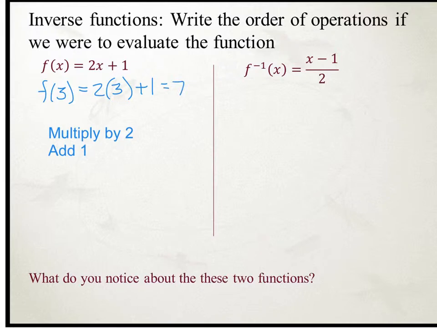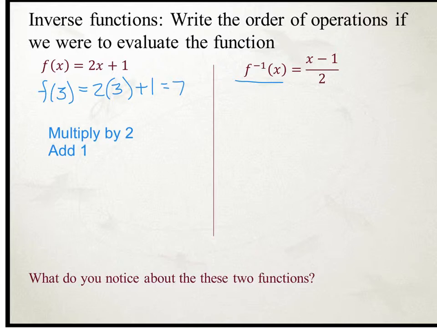Now, looking at the inverse function, which is over on the right-hand side, and that little -1 exponent, that's not really an exponent, that's just a notation or way of writing f of x that tells us that that is actually the inverse function of the function that's on the left-hand side. So let's think about how we would evaluate and in what order.